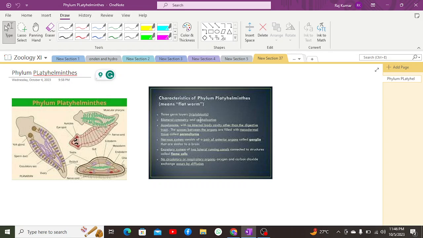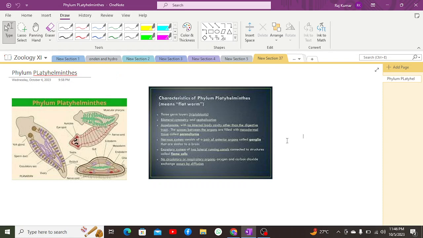Now they have some general characteristics. First of all, they are bilateral. They possess bilateral symmetry. They are acoelomates, as well as triploblastic.